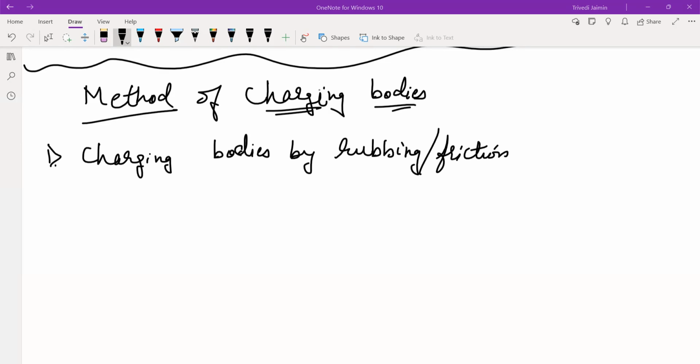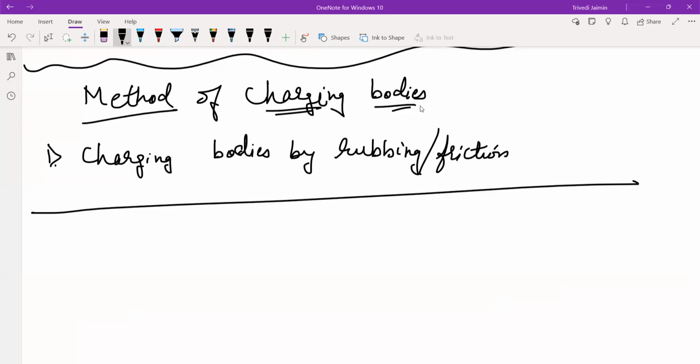Property of matter which is due to charge. So if you want to know some wordings, let me write here. It's not about this one, I'll erase it.